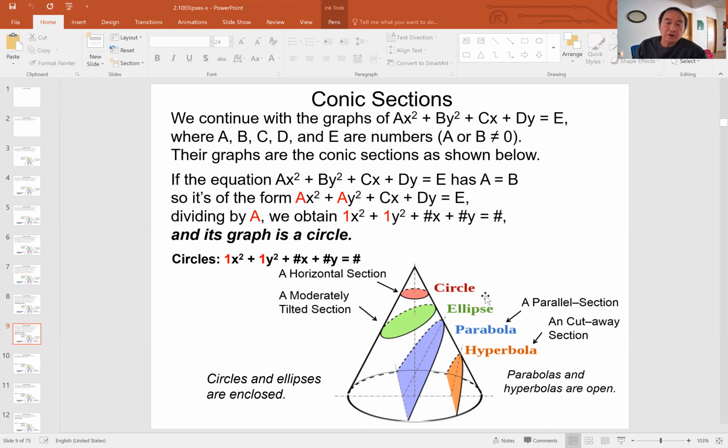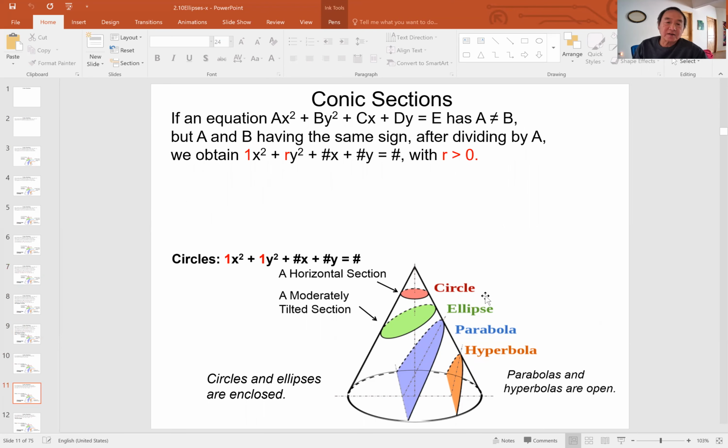However, let's fix the x, but if I change the number in front of the y squared, instead of 1, into a number r, which is positive, then I will get ellipses.